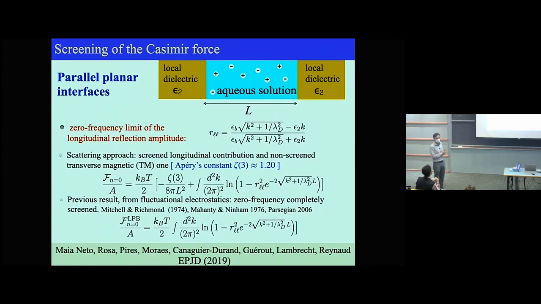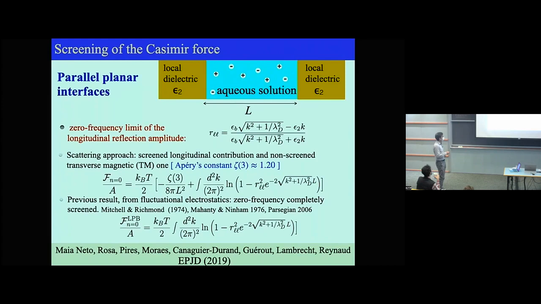Because the reflection coefficient is the same if I propagate from this side or from this side. So if I replace one by the other, I have the same final result for this geometry. So this is the same result as I have through the vacuum, through the calculation. Here I have a local dielectric, an electrolyte solution, and a local dielectric.